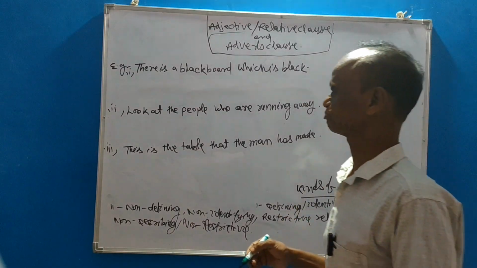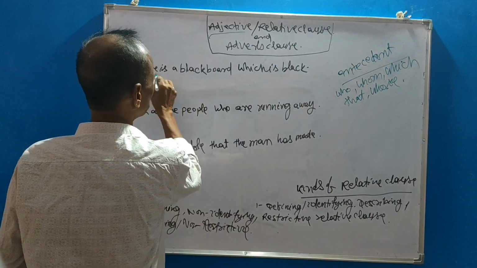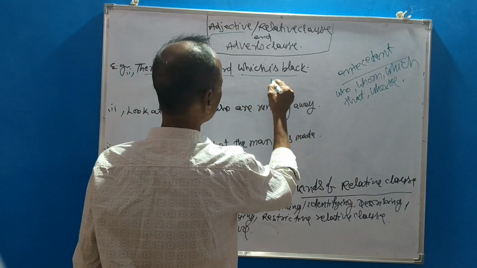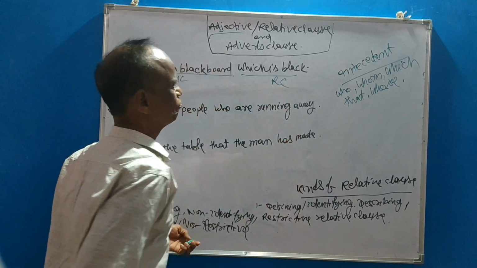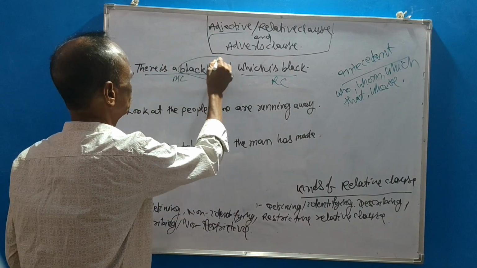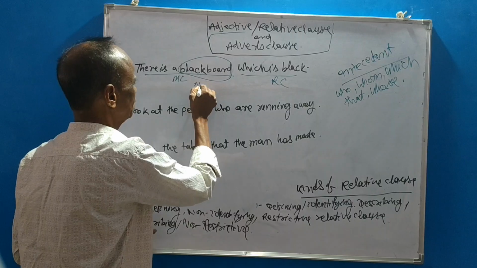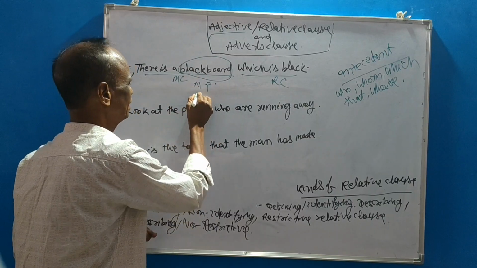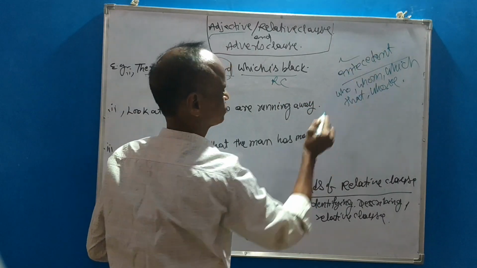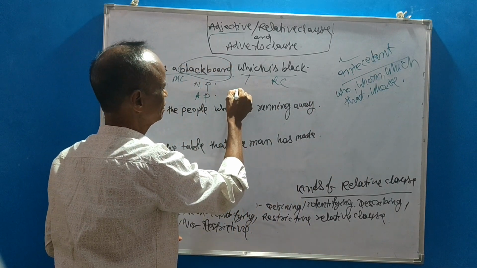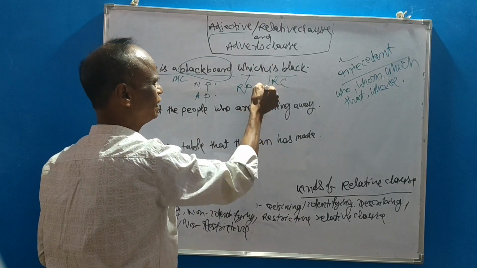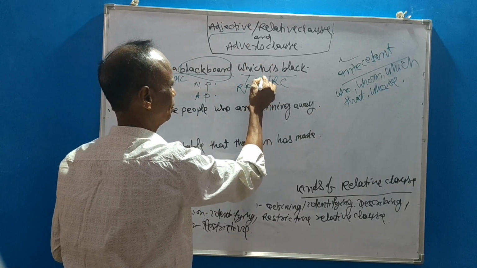For example, there is a blackboard, which is black. A blackboard, that is the noun phrase, or say antecedent part, and which is the relative pronoun, and it is a relative clause or say adjective clause.